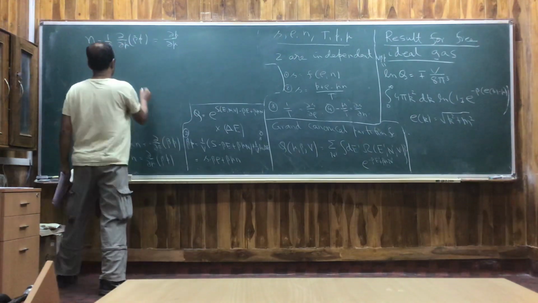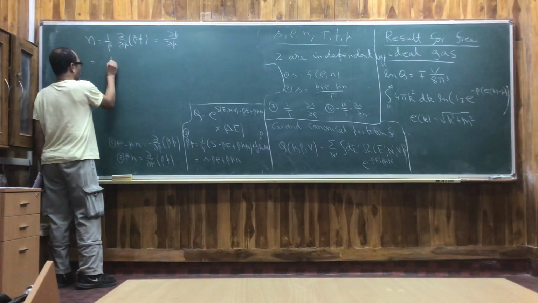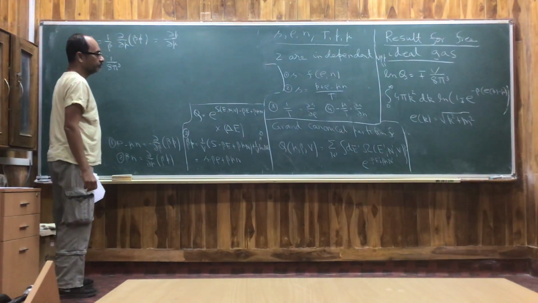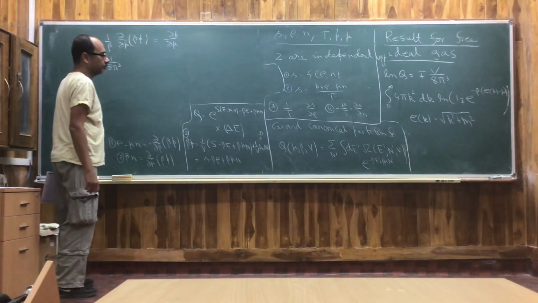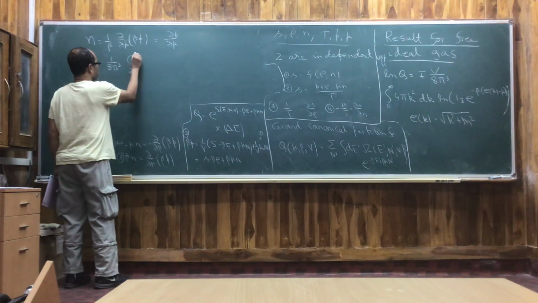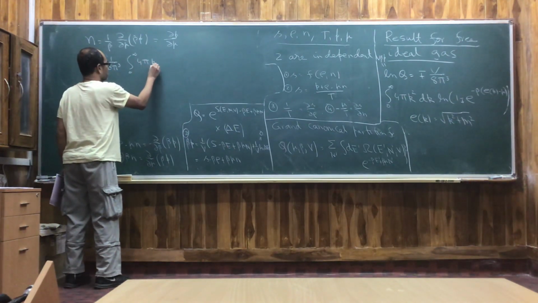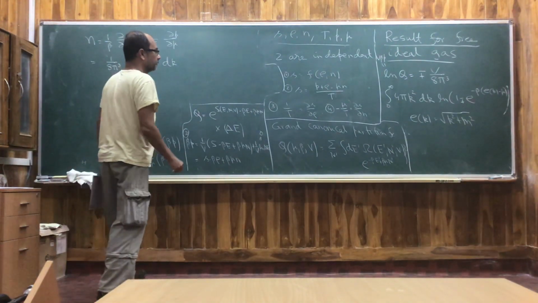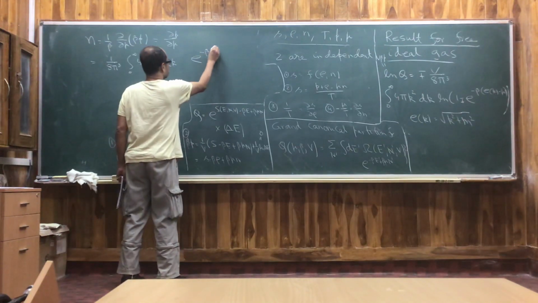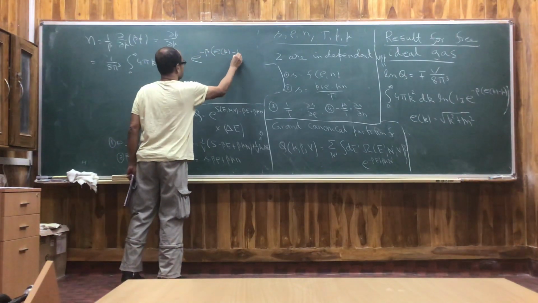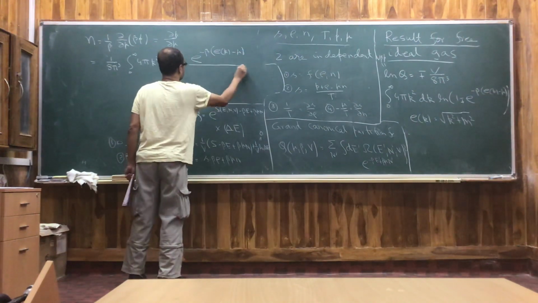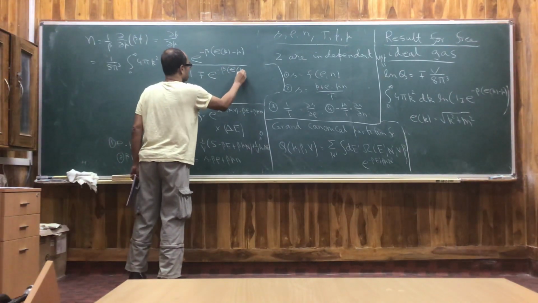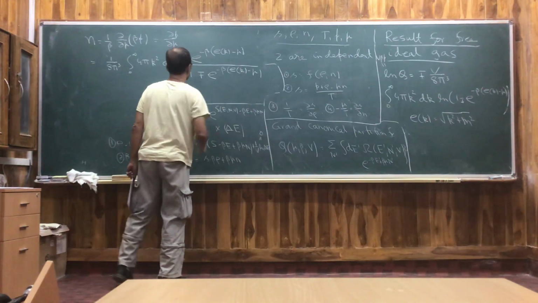So this gives you 1 over 8 pi cubed, and so on.